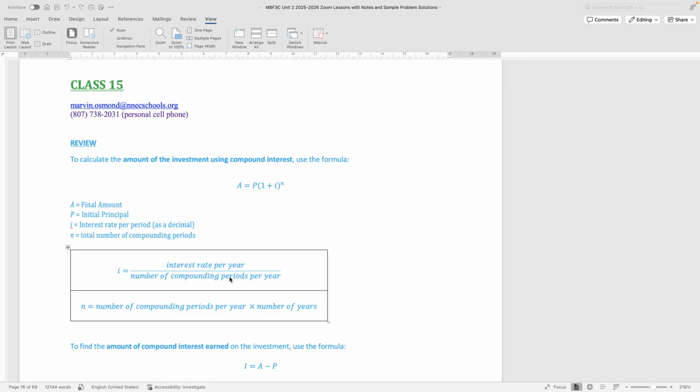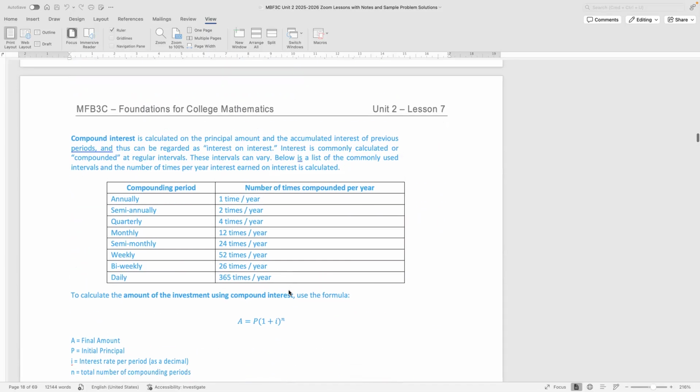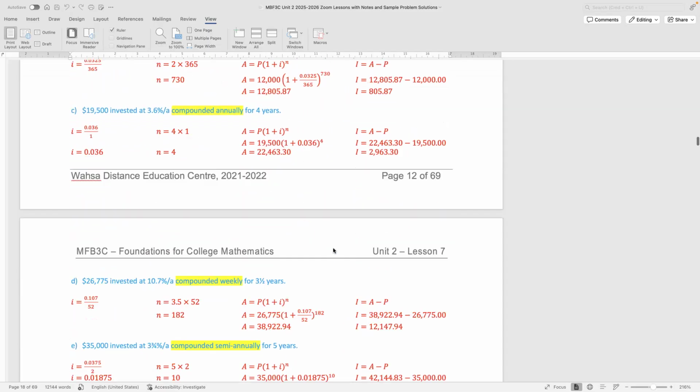Yesterday, I put up the table. If I come back up here, I'll show you that table again. Compounding periods annually, semi-annually, quarterly, monthly, semi-monthly, weekly, bi-weekly, and daily tells you how many times each of those will be compounded in a year. So that particular table you might have to refer back to if you're not sure. Feel free to do that.